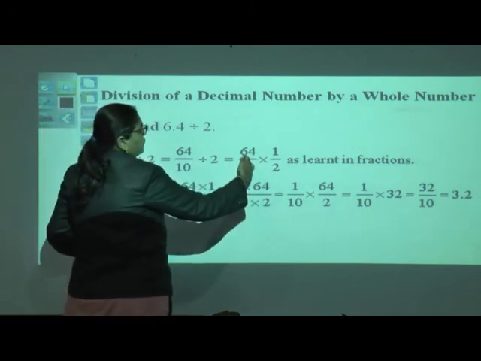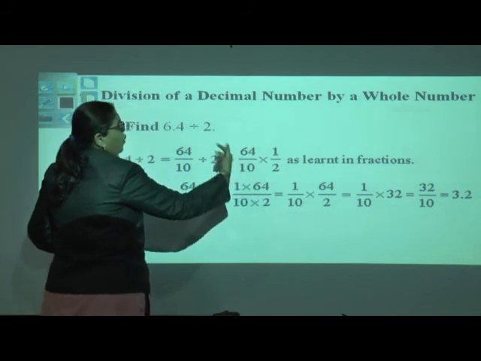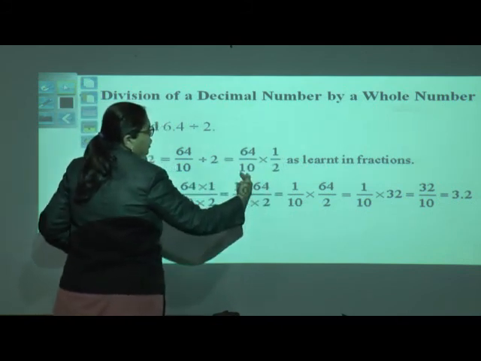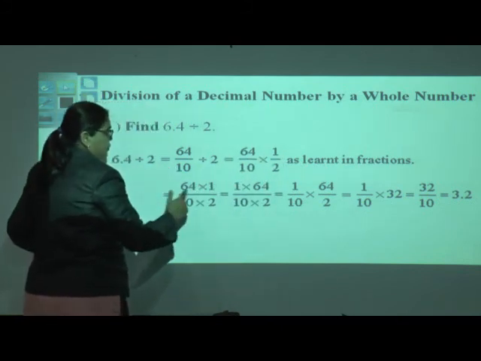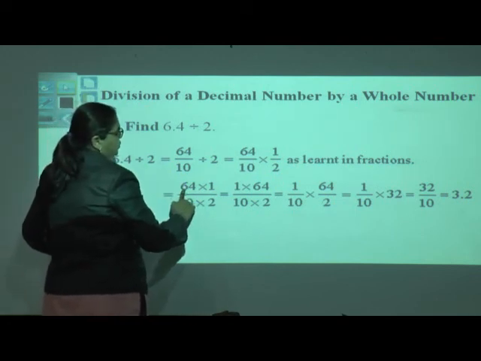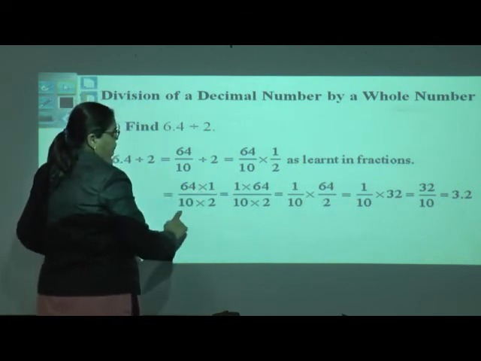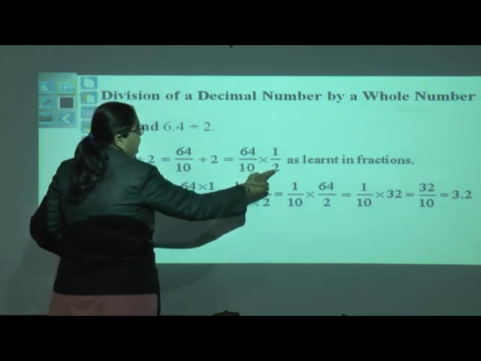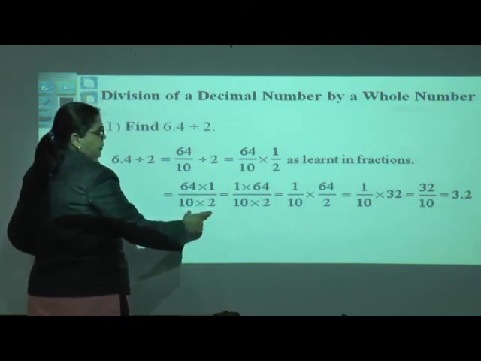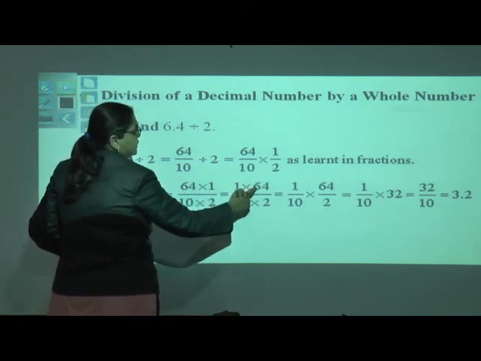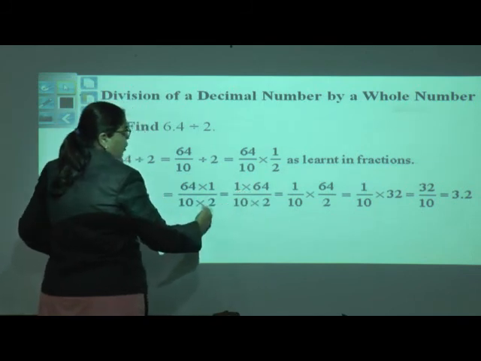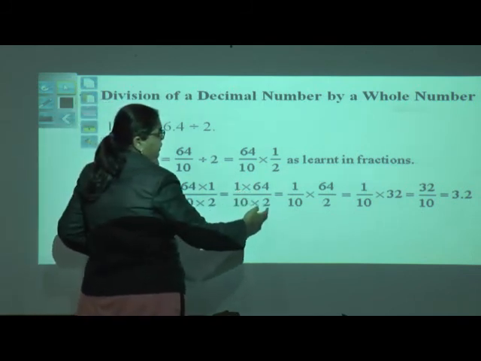Now you can reduce, or you can do direct multiplication and then reduce. So I did the direct multiplication, 64 upon 10 multiplied by 1 upon 2. 64 ones are 64, and 10 multiplied by 2 as it is.